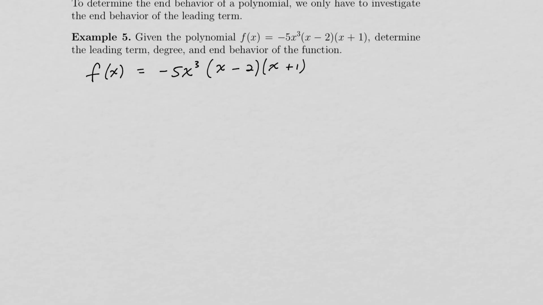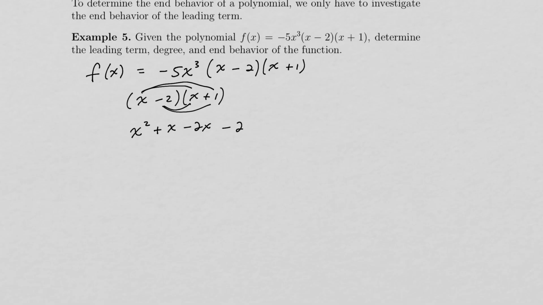So let me expand the product of the two factors first. I'm going to have to multiply those, basically FOIL them out. So we're going to get x squared plus x, right, 1x, minus 2x, and then minus 2.